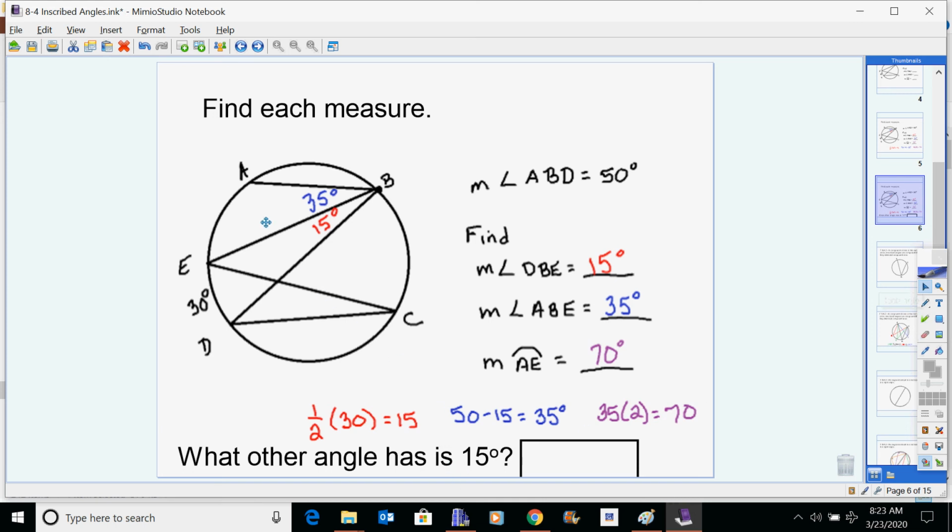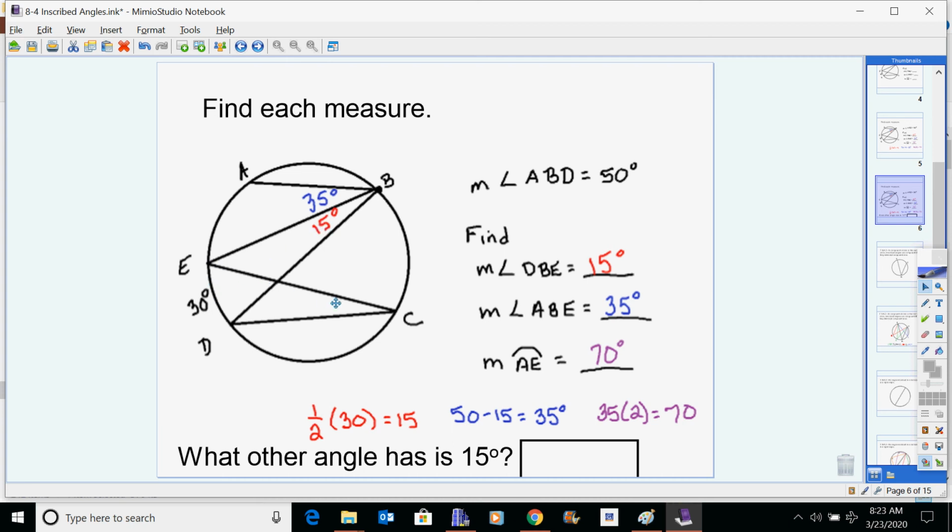So when we're looking at that, if we have this angle being 15 degrees, we have to remember that every arc has probably millions and millions of inscribed angles that intercept it. So all of those that intercept this arc are also going to have to be 15 degrees.